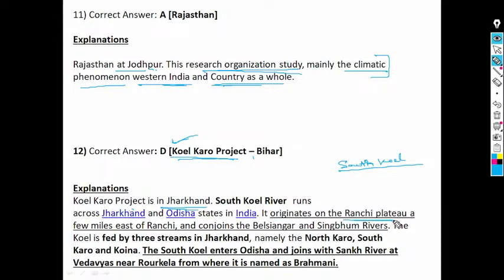It originates on the Ranchi Plateau, this is your Chota Nagpur Plateau.